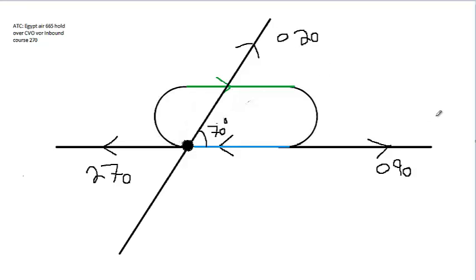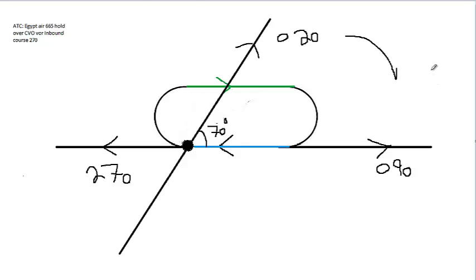Now the rule says the following: if the line is going anti-clockwise, so I'm going in this direction, you subtract. So 90 minus 70, you subtract if you're going anti-clockwise. However, if you are going in a clockwise direction, you'll be adding. So 20 plus 70 is 90 degrees. If you're going clockwise, it's adding. If you're going anti-clockwise, you're subtracting.